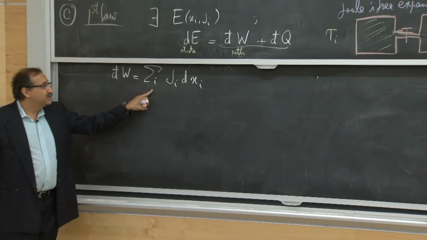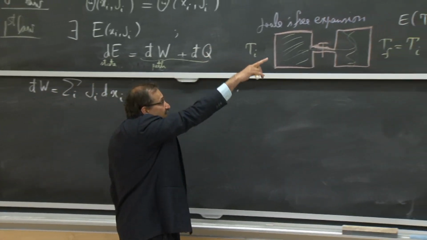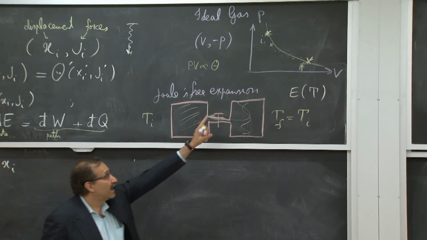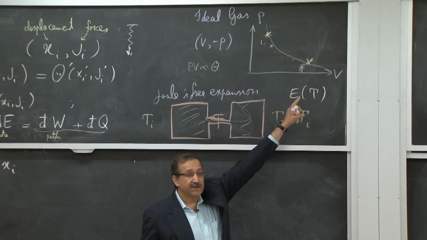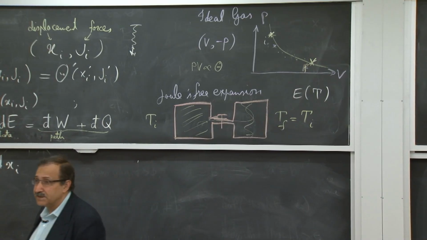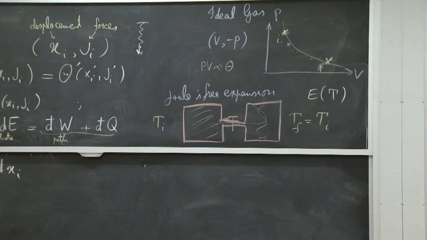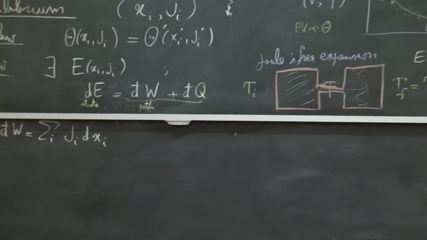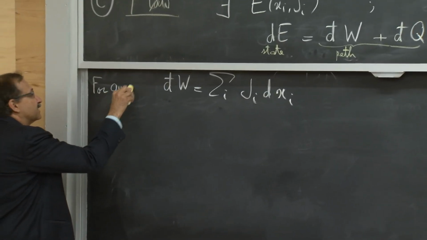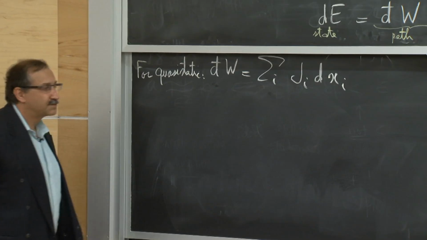So I can use this kind of formula if, in this type of diagram that indicates the state of the system, I proceed sufficiently slowly so that I can put points corresponding to all intermediate states. And so that's for things that are sufficiently slow and close to equilibrium that we call them quasi-static.